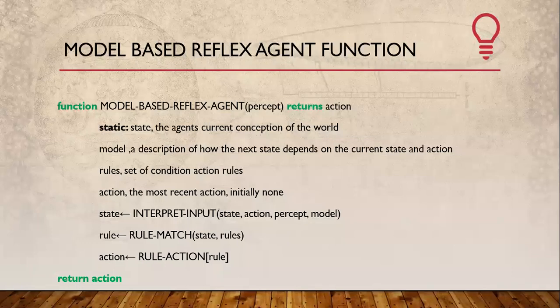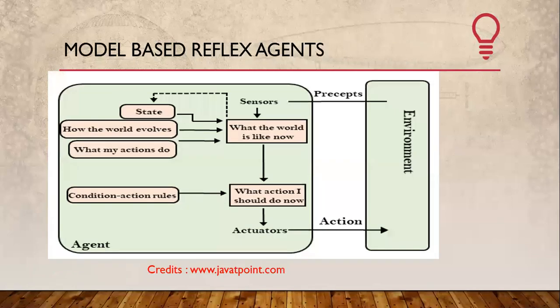So yes, students, this was the working of the model based reflex agent. What we saw was that it works on a model and it works on a state. These two are very important things for the agent. When it has to decide its state, it should know how the world evolves and what the agent's actions do. Once these two things are known, the state will be identified.